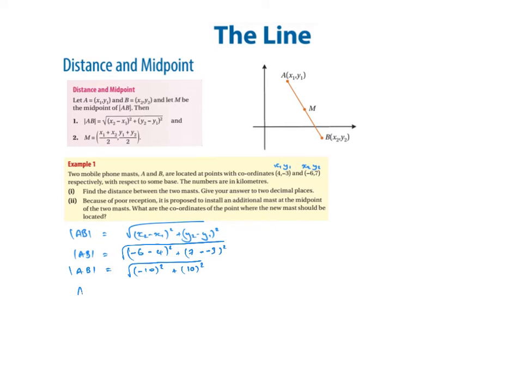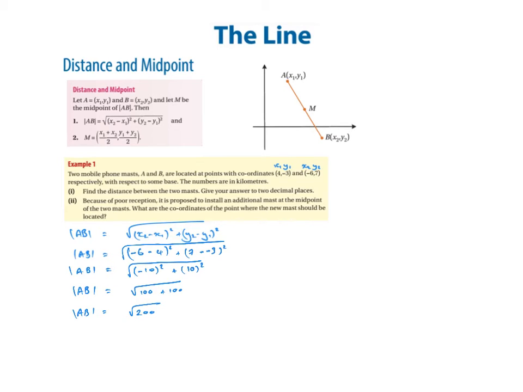Remember, anything squared is a positive, so -10 times -10 gives me 100, plus 10 squared, which is another 100, and now AB is equal to the square root of 200. Now, if I need to, I can stick that in my calculator and get that to 2 decimal places. Okay, and part 2 now asks us to calculate the midpoint.